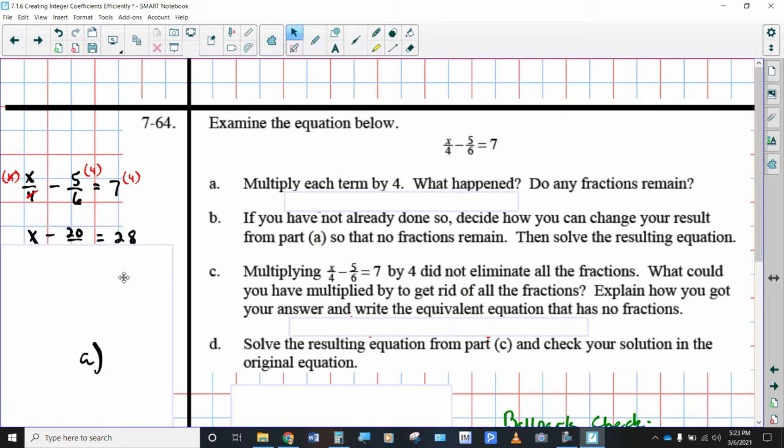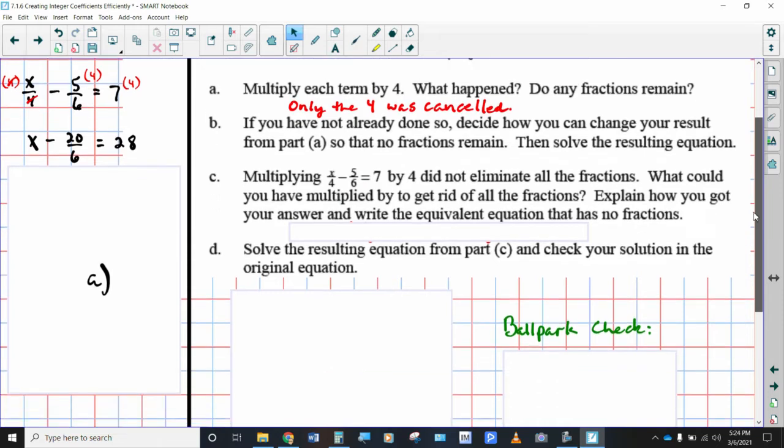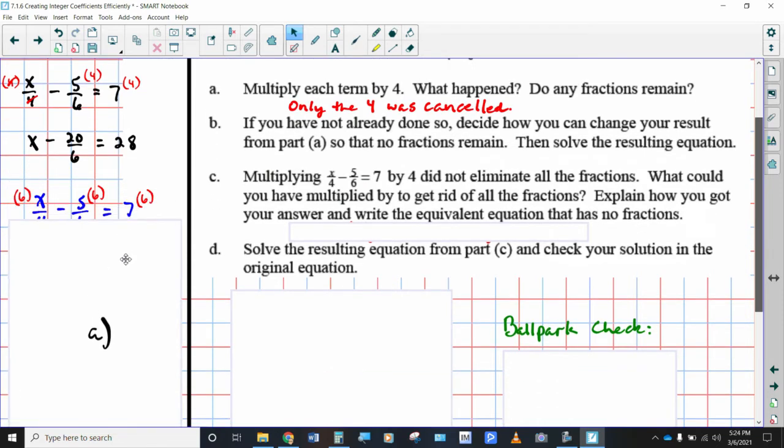So we're going to just have to multiply the 5 times the 4, and sure, we could simplify that to 10 over 3, but still, the whole point of multiplying everything times a multiplier is so that we no longer have to deal with fractions, but we still have to deal with a fraction there. So what happened when we multiplied everything times 4 is only the 4 got canceled. The 6 didn't get canceled. Now, let's try the same thing here, but this time let's multiply everything times 6.